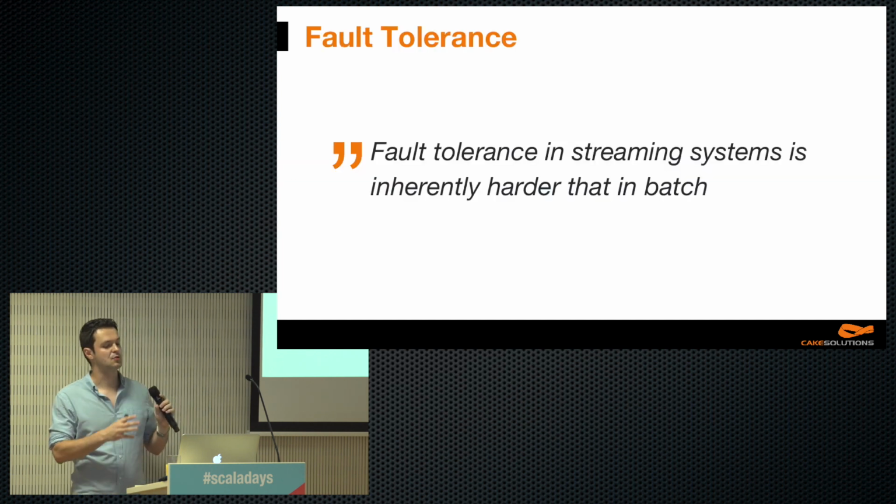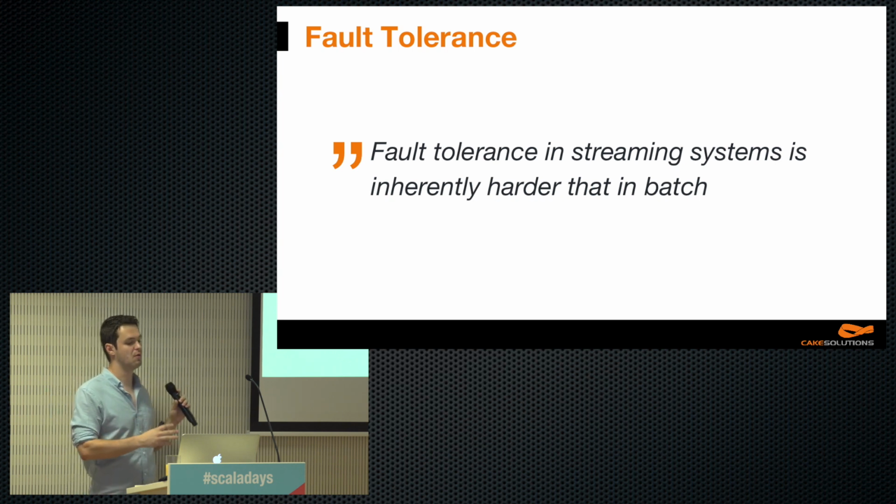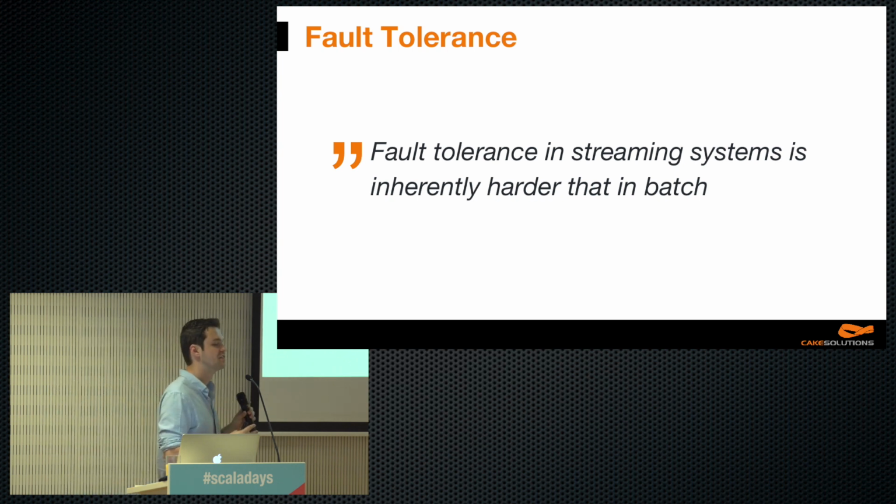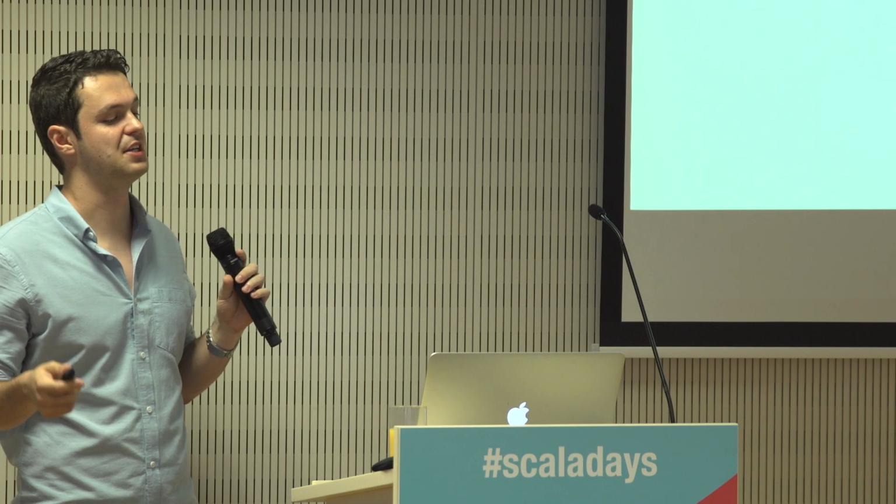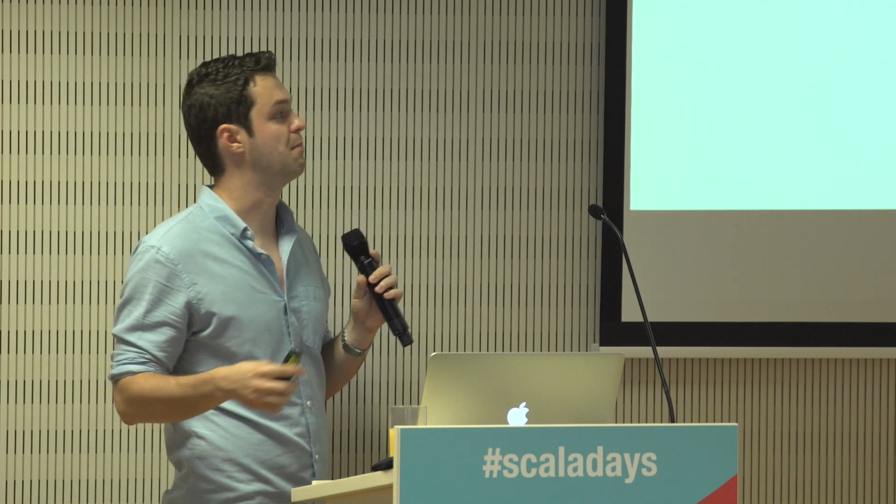And now it's time to look at more interesting problems of stream processing, starting with fault tolerance. You know, fault tolerance in streaming systems is inherently harder than in batch. When facing an error in a batch processing system, we can just restart that part of the computation, and we are good. But this is much harder in streaming scenarios because data is still incoming, and a lot of jobs can run 24/7.